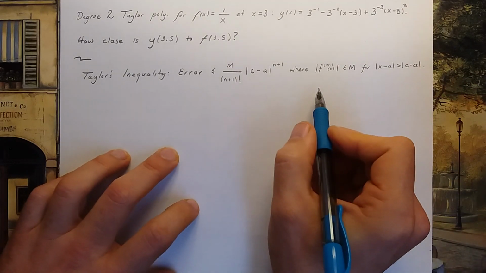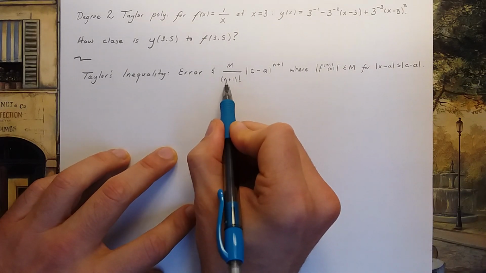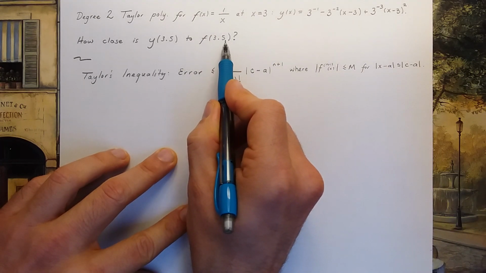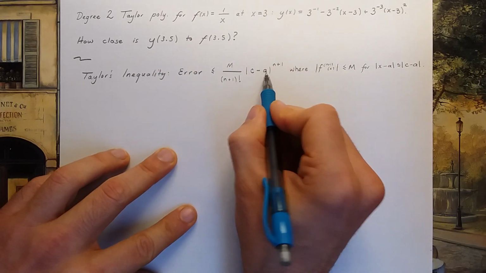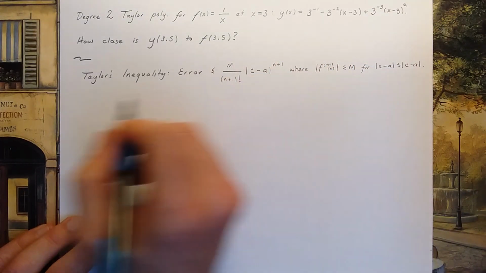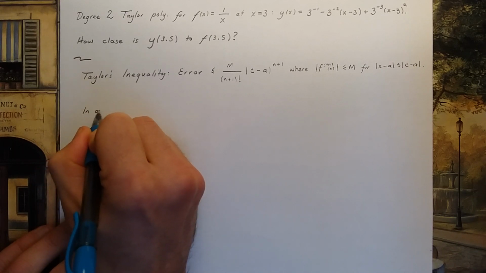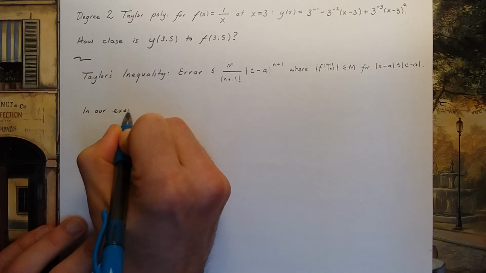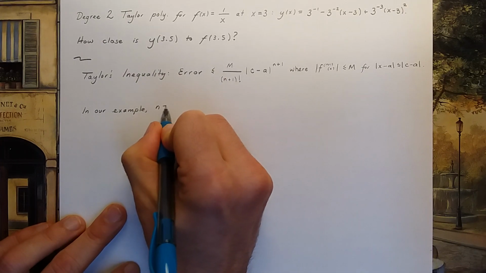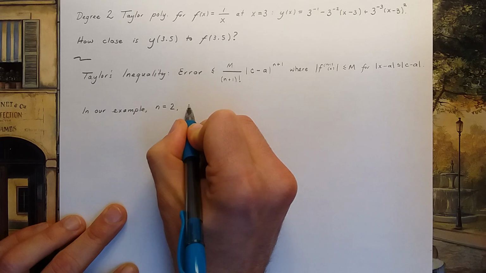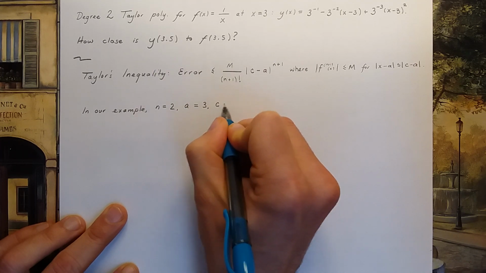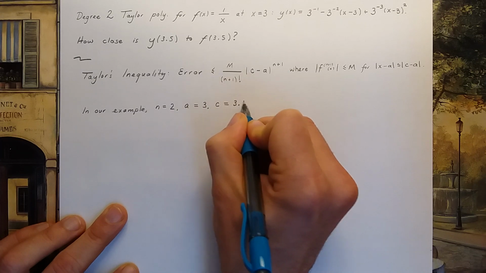So I didn't write down what all these things were, but n is the degree of the Taylor polynomial, c is the number I'm plugging in to my polynomial, a is the center, 3 in this example. So let's write all that down. So in our example, n is 2, a is 3, c is 3.5.